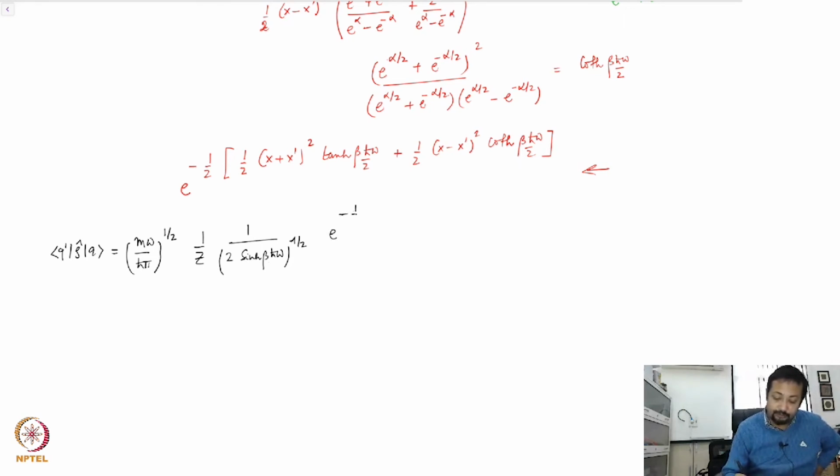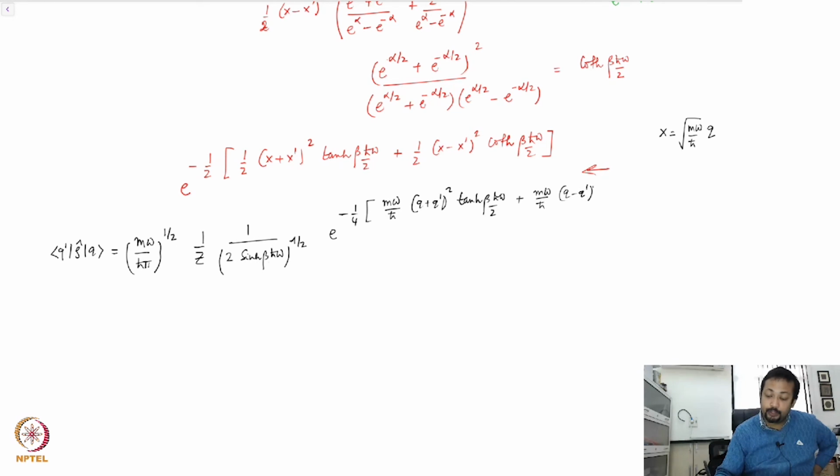The exponential is going to give me minus 1/4. x was square root of m omega over h bar times q, so that x prime becomes the same with q prime: m omega over h bar (q plus q prime) whole square tanh beta h bar omega by 2 plus m omega over h bar (q minus q prime) whole square coth beta h bar omega by 2.